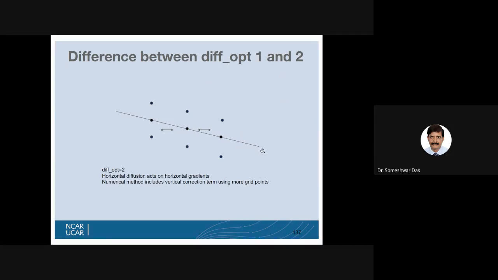So if you are using option 2, then it will also consider the gradient of the horizontal diffusion. Okay. Horizontal diffusion acts on horizontal gradients. Numerical methods include vertical correction terms using more midpoints. So it is slightly more complex. Obviously, it is more complex than using diffusion option 1. Okay.